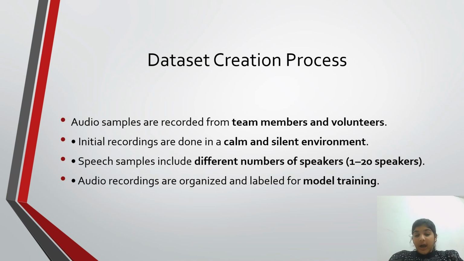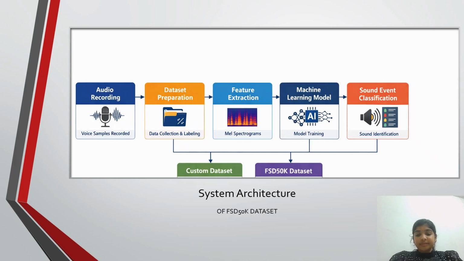Now coming to the architecture of our dataset. This slide mainly focuses on the overall workflow of our project. The process starts with audio recording where we collect voice samples and other sounds. Next, the recordings are organized during the dataset preparation stage where the audio files are labeled and structured.